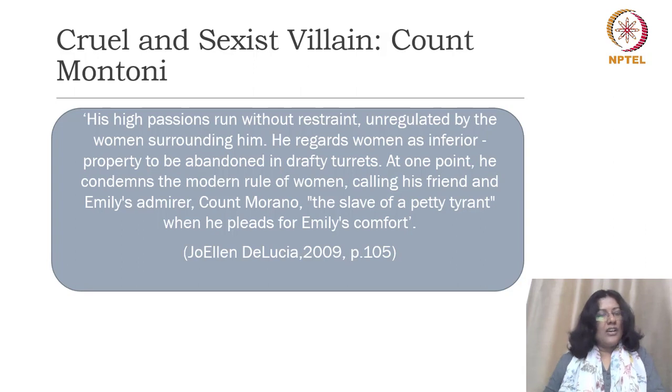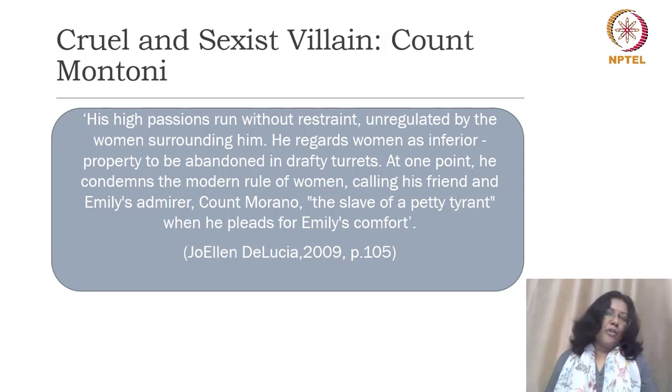So at one point the count condemns the modern rule of women, quote unquote. It has to be put in quotes, because women are not ruling, but he calls it the modern rule of women in society, and calls his friend Count Morano, who is paying court to Emily, and asks him not to be the slave of this petty tyrant, the petty tyrant being Emily St. Aubert.